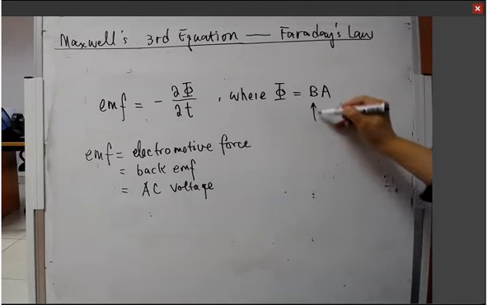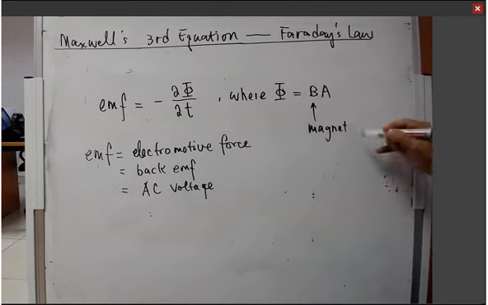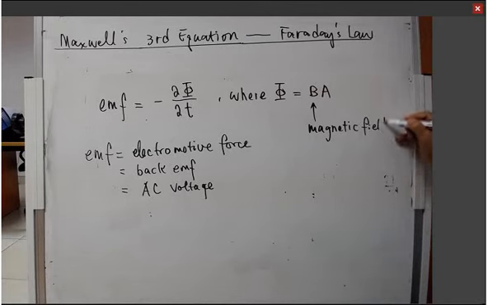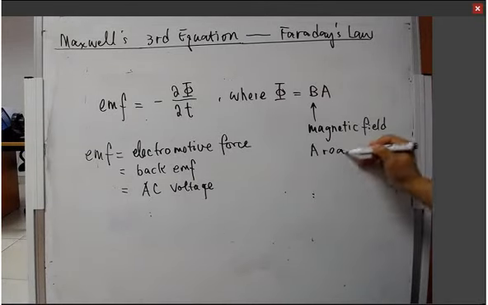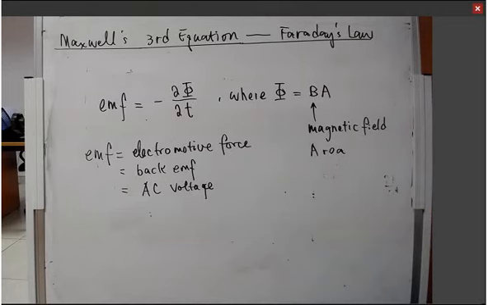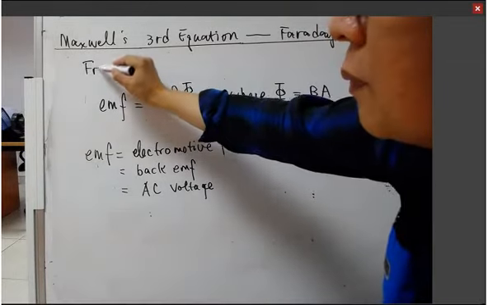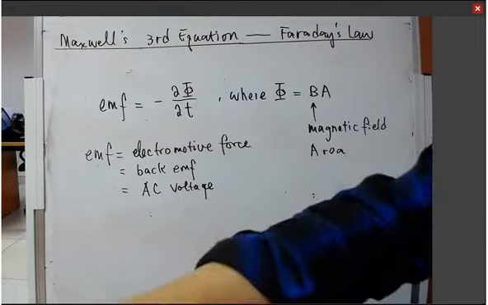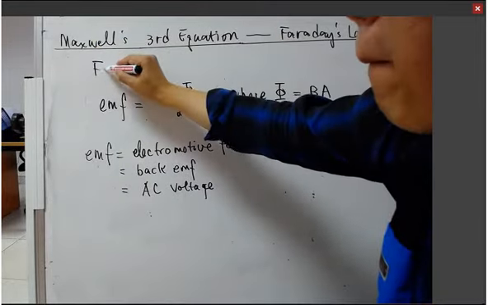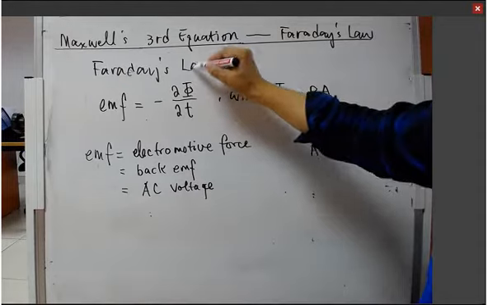B is the magnetic field intensity, and A is the area. So this is Faraday's law.